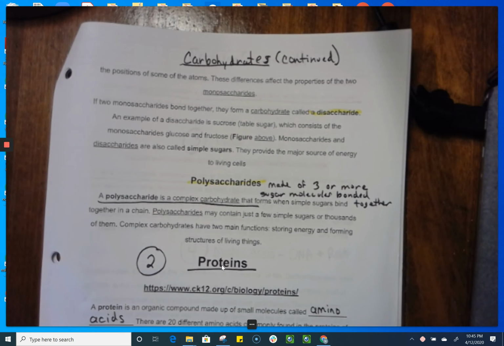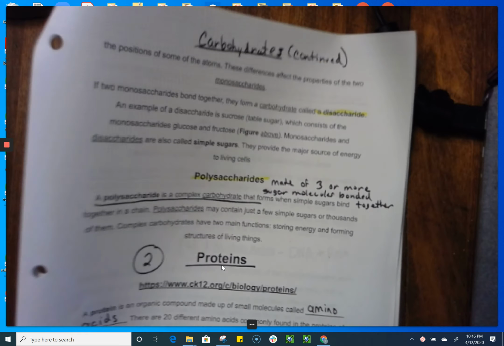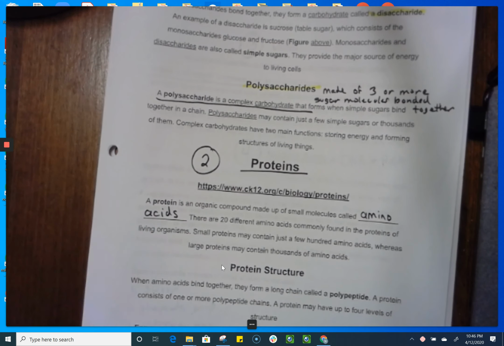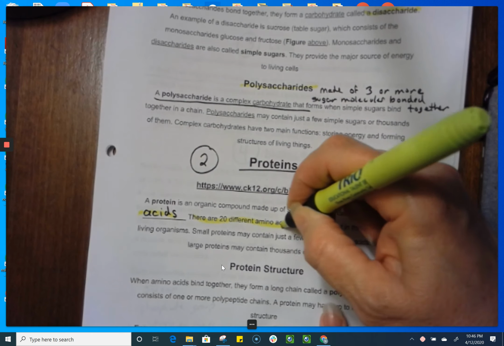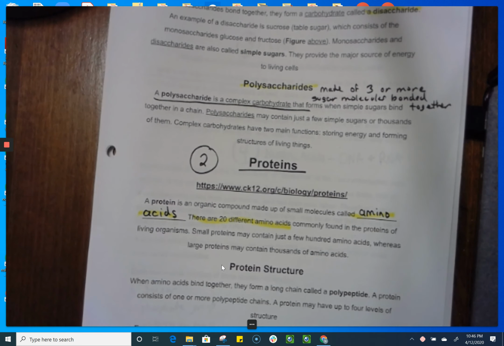Group number 2 are your proteins. Another biomolecule, contains carbon. It's made of its smaller building blocks called amino acids. There are 20 different amino acids. When we start talking about cells replicating each other, we will go into how DNA makes a copy of DNA, and also the proteins will replicate also.